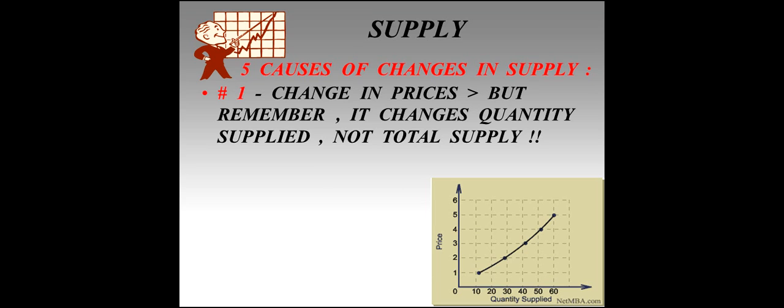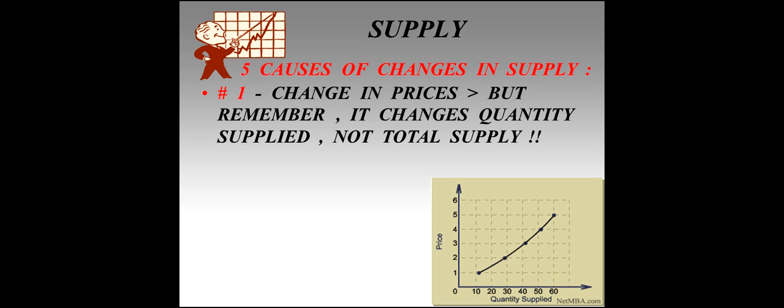Based upon the resources available to produce oranges and in conjunction with the costs of production and administrative costs and so forth, this chart would represent what would be produced and supplied to the market at given price levels.